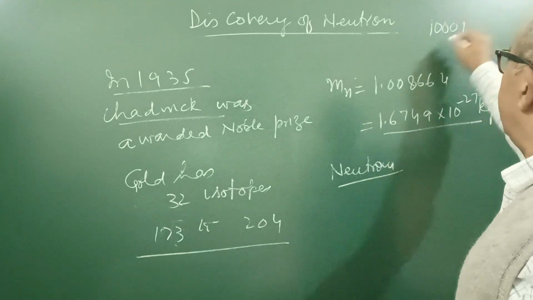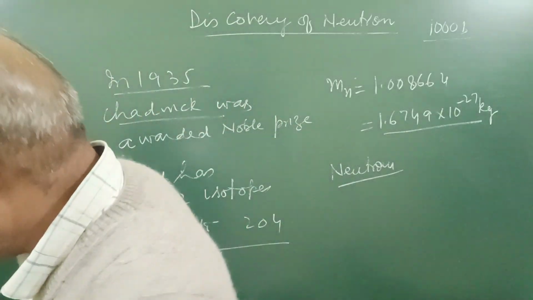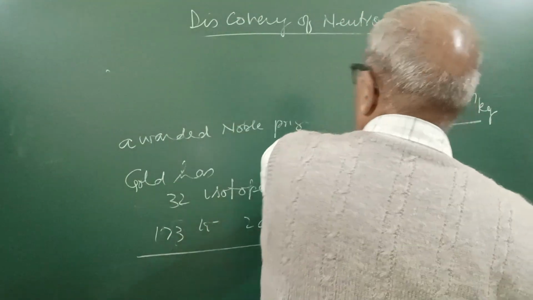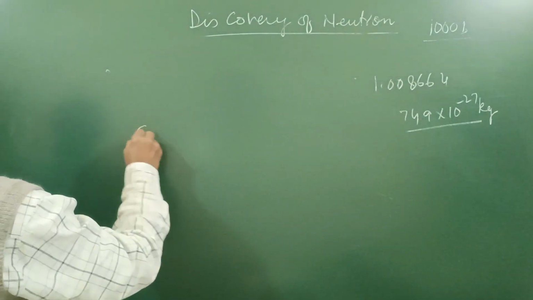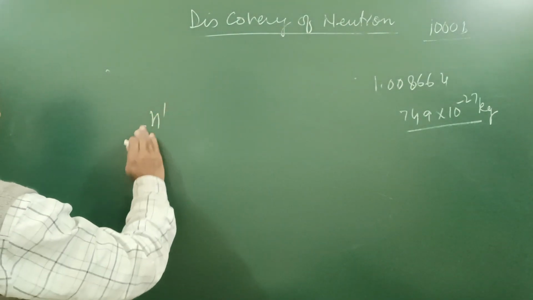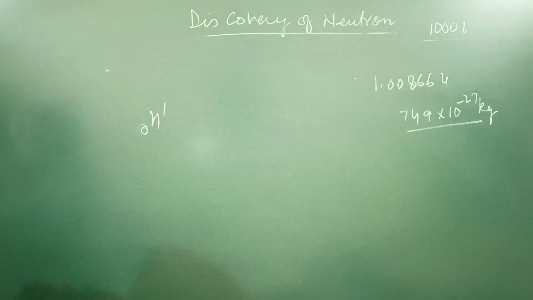It is unstable outside the nucleus. It decays into a proton, an electron and one more particle. I write it 0N1, which means atom number 0 and mass number 1.